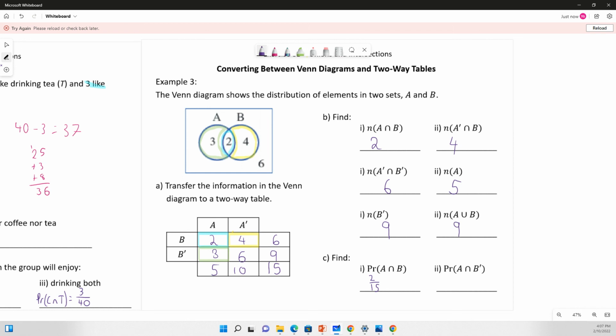The probability of getting A and not B, the intersection of A and not B. What's the probability of getting something that's in A and not in B? That is 3 out of 15, which of course we want to simplify. Common factor of 3 here, divide by 3, 1/5.